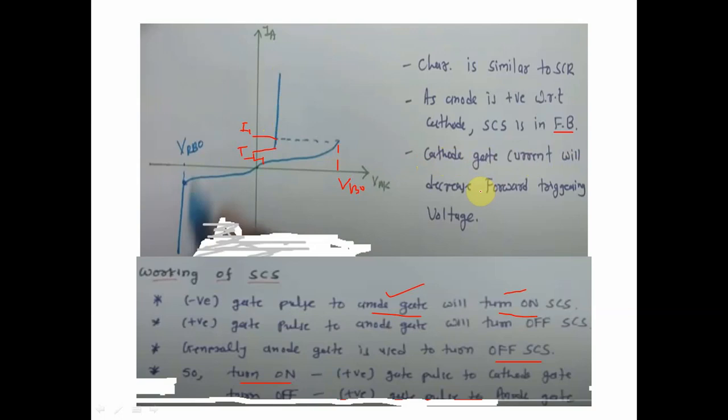The cathode current decreases for the forward triggering voltage. In forward bias, the anode is positive with respect to the cathode. In reverse bias, the cathode is positive with respect to the anode, and a small amount of leakage current flows through the circuit.